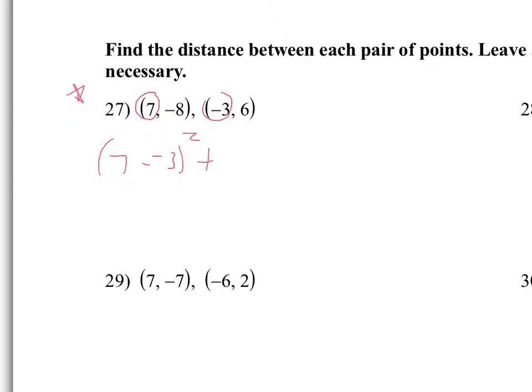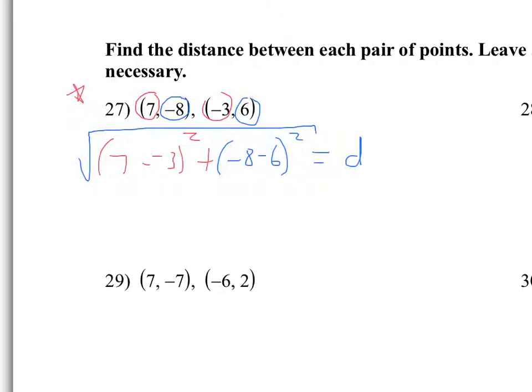And now we take the y values, find the difference there, so negative 8 minus 6, and square that. And that will equal the hypotenuse squared, but the distance formula has that side solved already, so we're going to have to root both sides at some point.